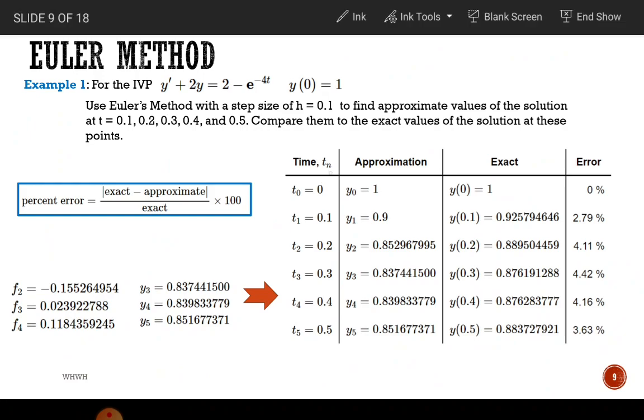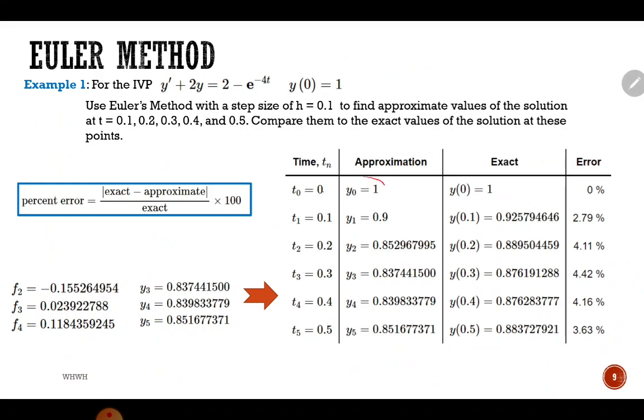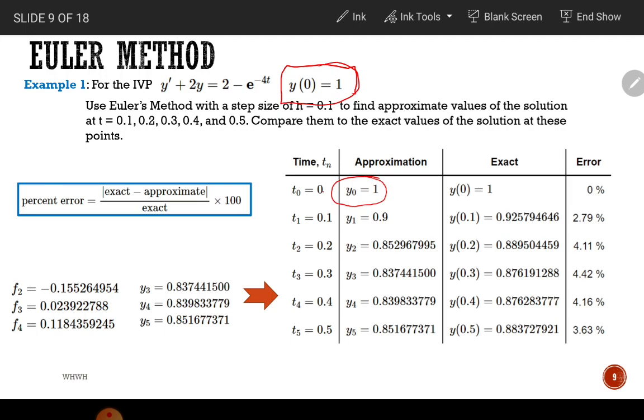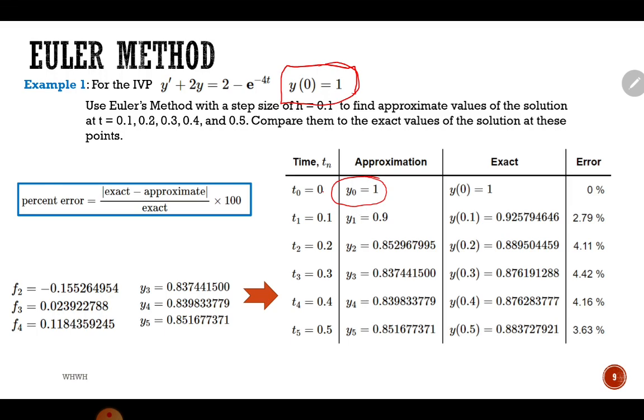So at T0 equals to 0, Y0 is equals to 1 because this is what is given. In fact kalau you cari pun you dapat Y0 is equals to 1. Then here T1 is equals to 0.1, Y1 is equals to 0.9.